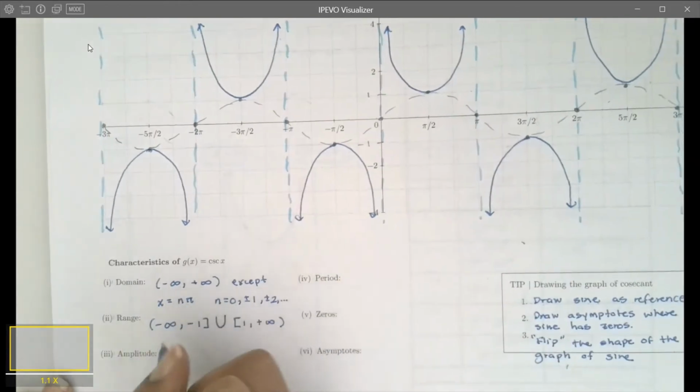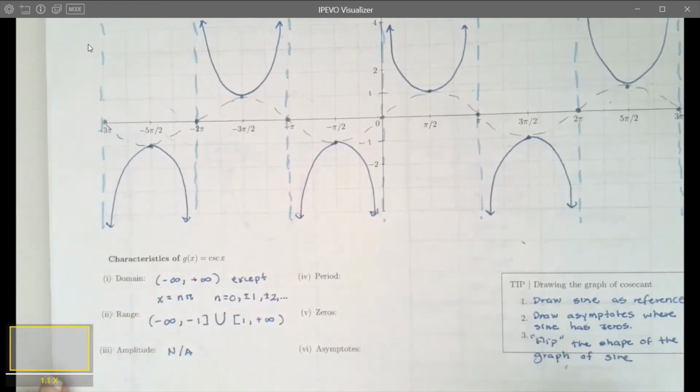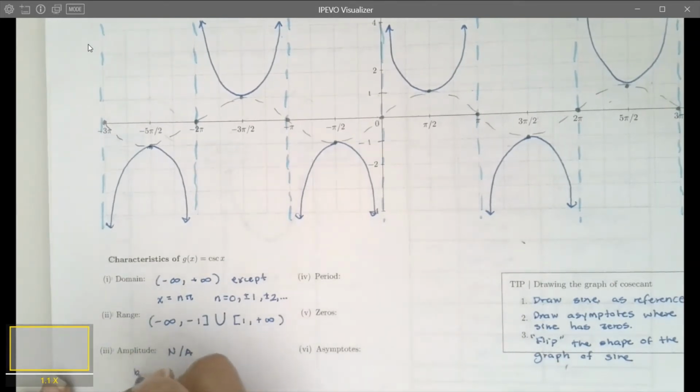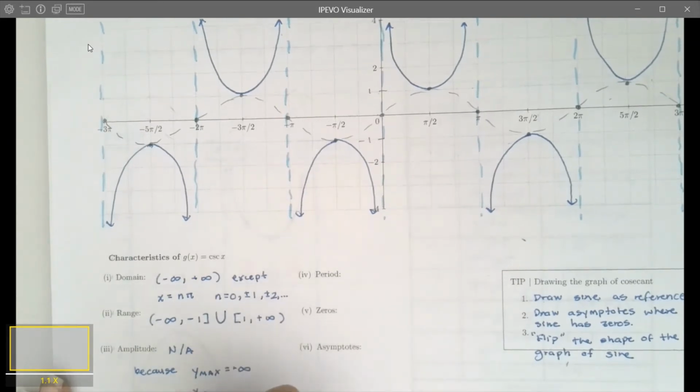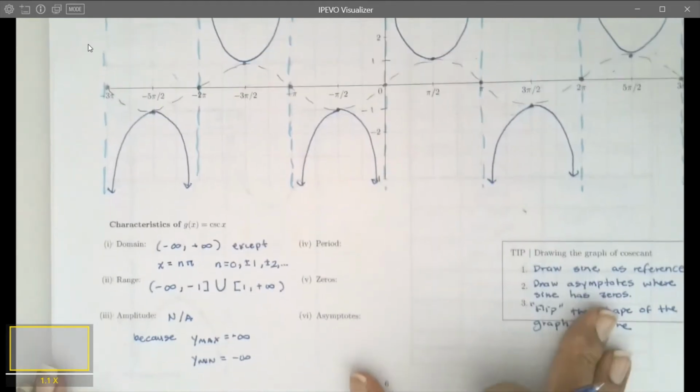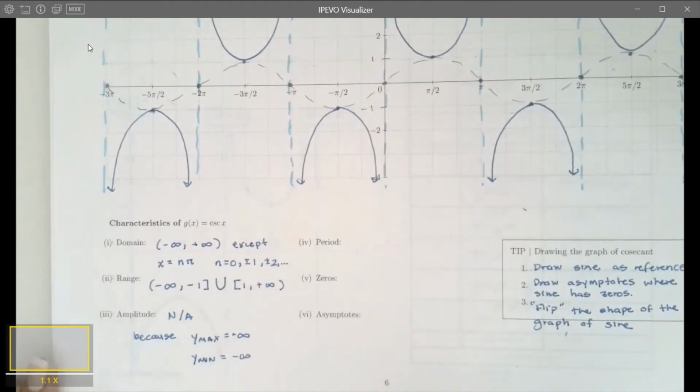So the amplitude here does not really apply, so we just write NA, as y max is infinity and y min is negative infinity. We don't actually reach any number.